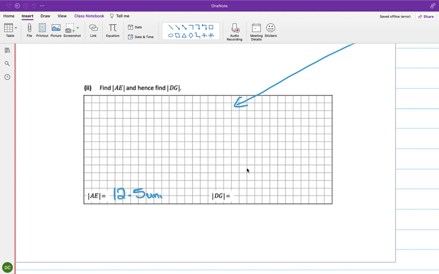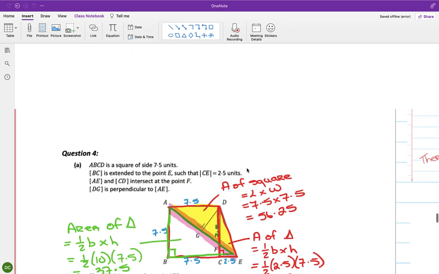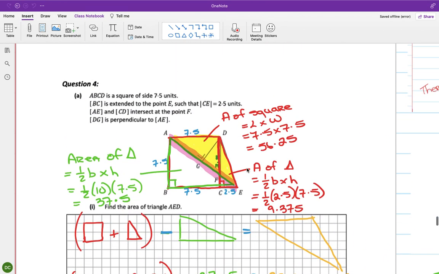Okay. The second part then is DG. Now where's that? Oh, that's the bit, the line down to the center there. That one there? Okay, any idea how to get that now?